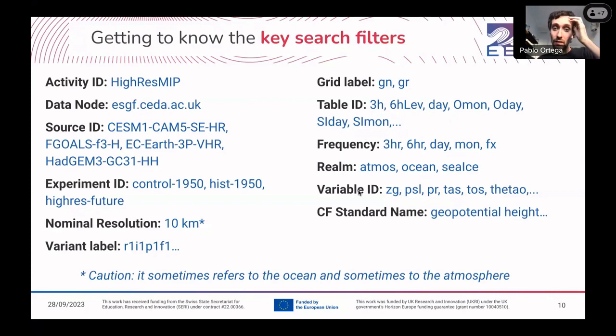You can filter by the variable ID, and these are similar variables, so these are standard names. Some of them might be easy to guess, some of them might not. This is geopotential height, sea level pressure, precipitation, surface temperature, sea surface temperature, and this is potential temperature, 3D in the ocean, and so on.